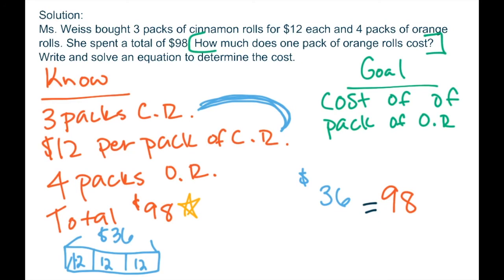Okay. What I don't know is the cost of a pack of orange rolls. That is what I'm trying to find. So I'm going to use the variable C to represent the cost per pack of the orange rolls.